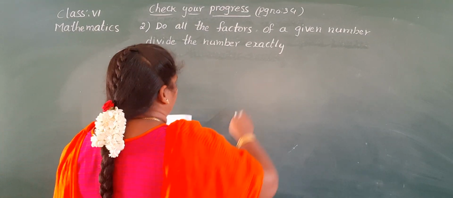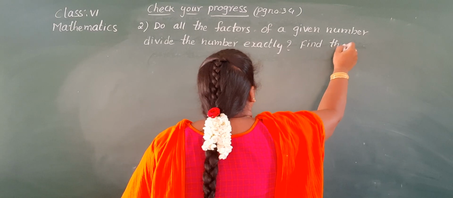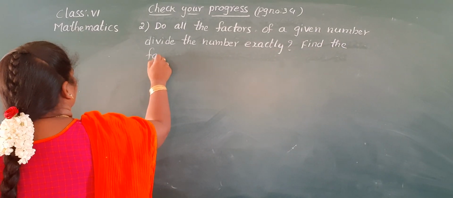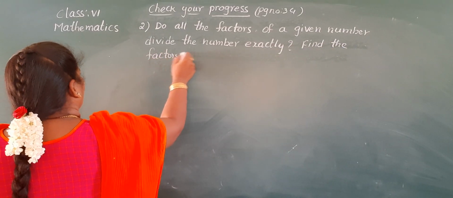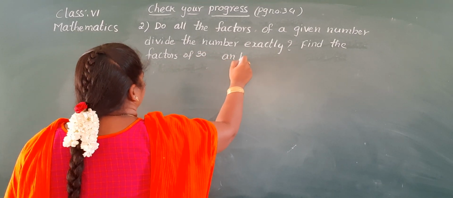Find the factors of 30 and verify by division.